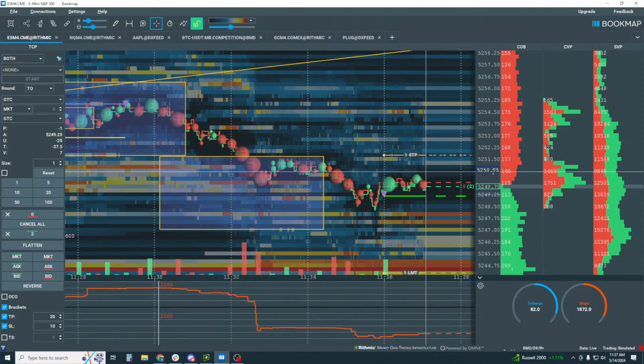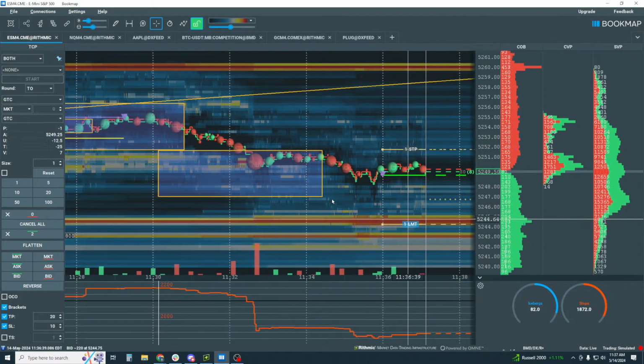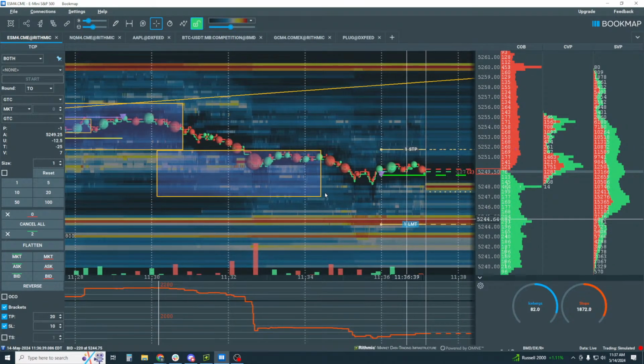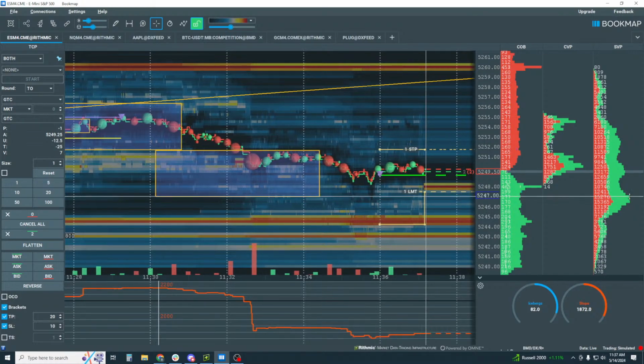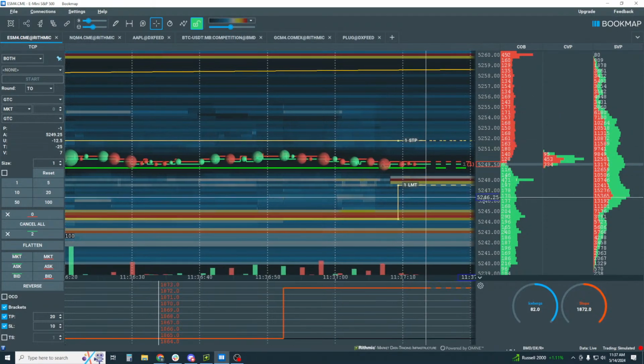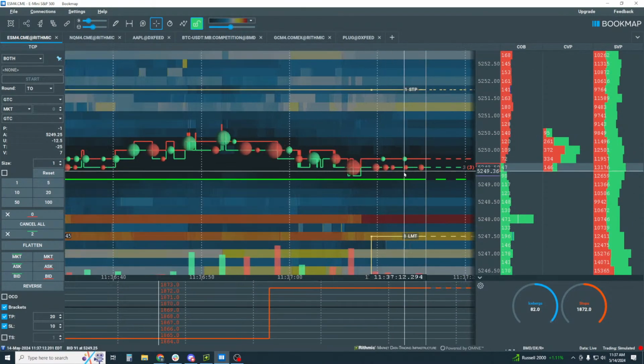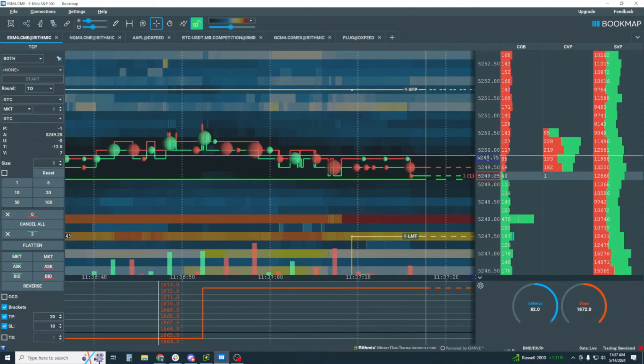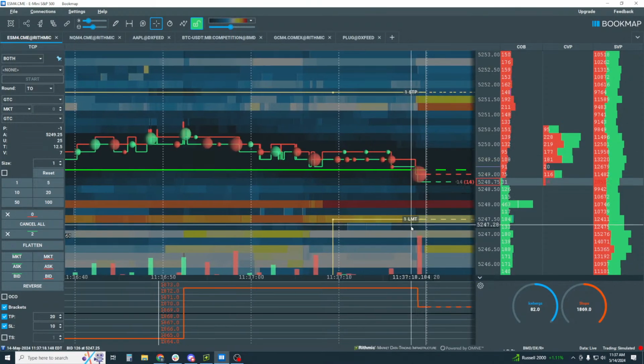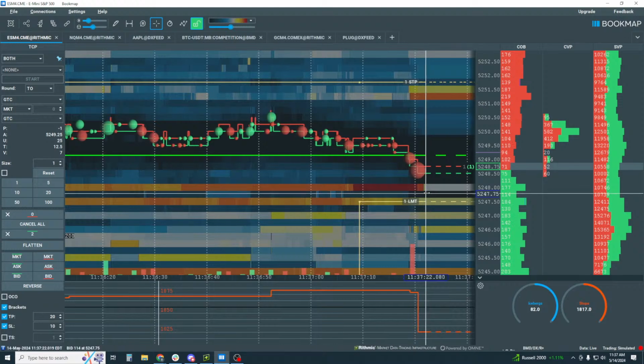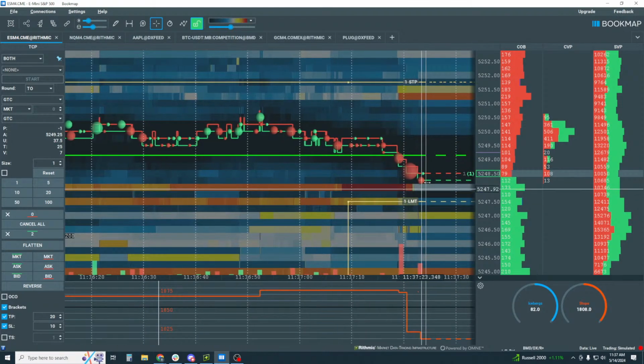Okay, so let's put our targets in as well. Our measured move is down here. I like it. It kind of aligns with this high liquidity or high volume node. Someone's front running us a little bit here. Okay, so we might want to get in front of that. I don't know. No, they're pulling.